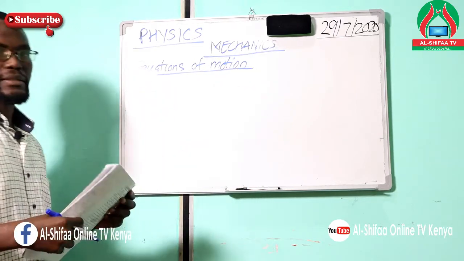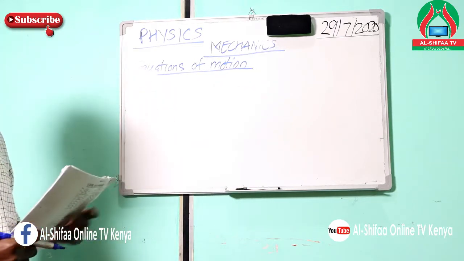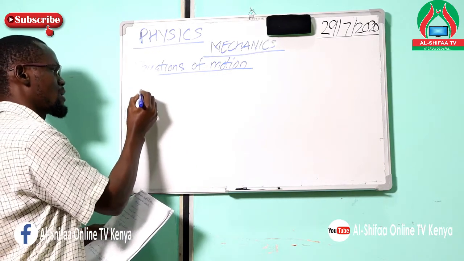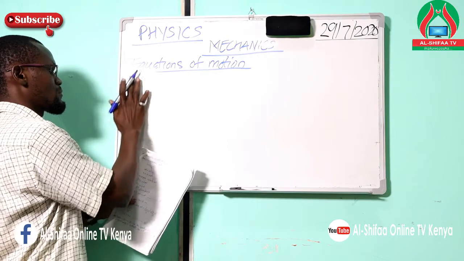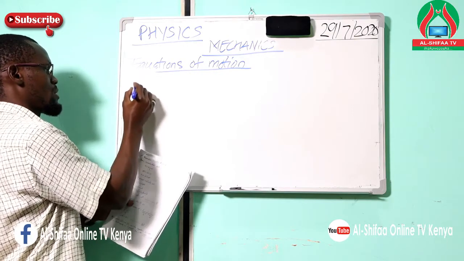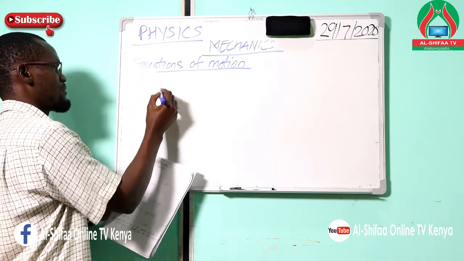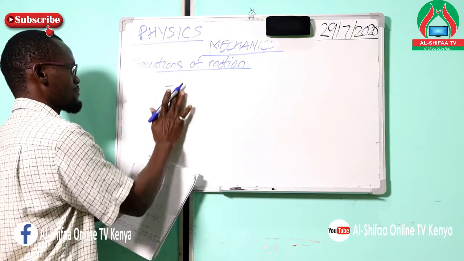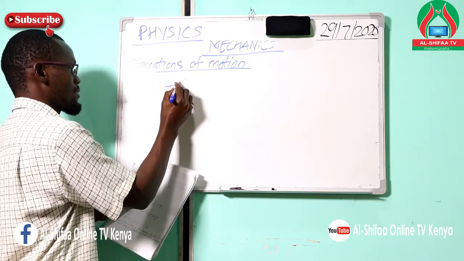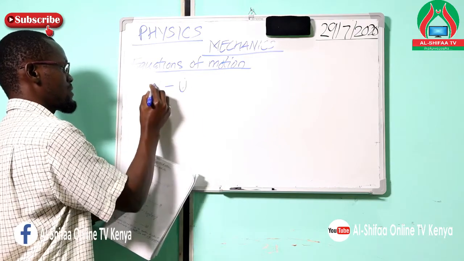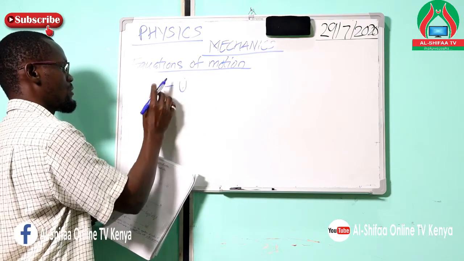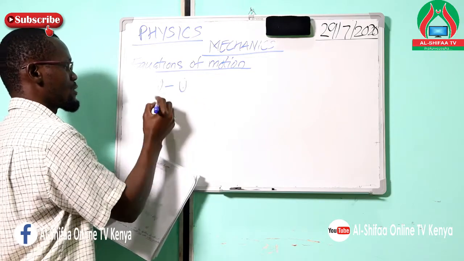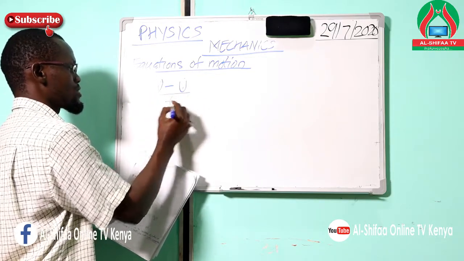These equations are derived from the definition of acceleration, whereby we know acceleration is equal to final velocity minus initial velocity. The first one is v, we use it for final velocity, and the second one is u for initial velocity.